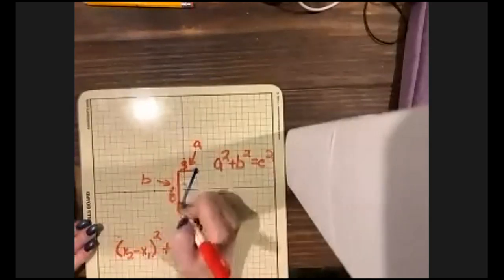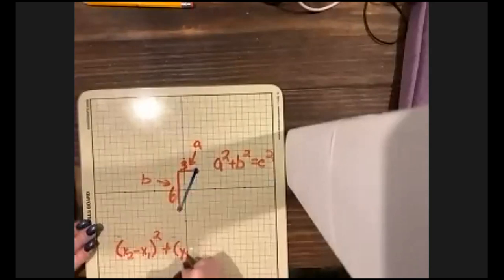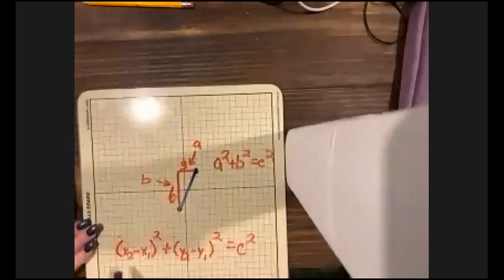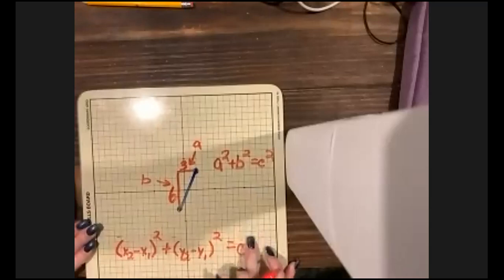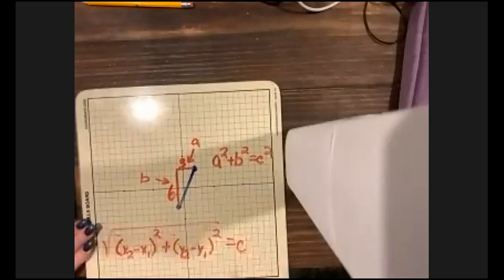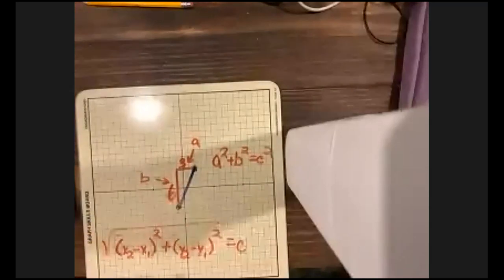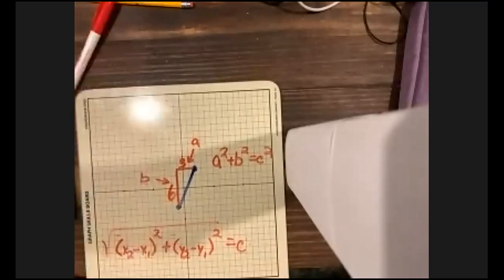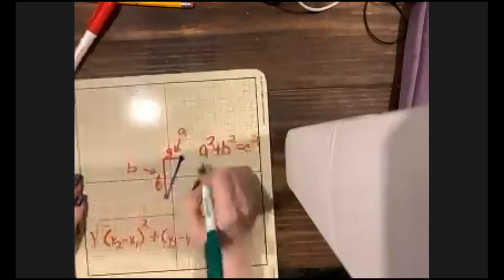I can count the y's, or I could have subtracted them. Now, that's a squared and b squared equals c squared, but I don't want c squared. I'm going to take a square root. Y'all, that's the formula. But again, we can do this just nice and clean and pretty with the numbers by counting.